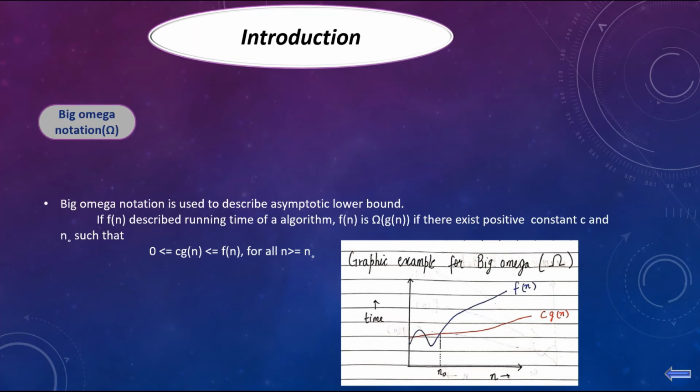So it can be considered for the best case, when the time required for the program or algorithm is very low for that particular case, and for the average it goes for f of n.